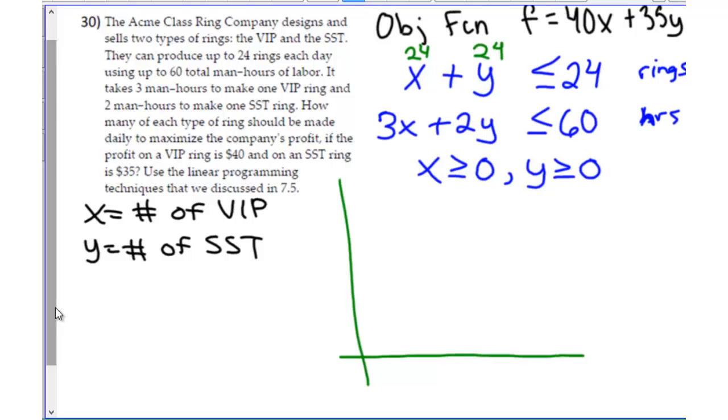But I'm going to go ahead and keep going so I know what kind of scale I need. So here, if I cover up y and I divide both sides by 3, that means my x-intercept is 20. If I cover up x and divide by 2, that means my y-intercept is 30. And because I did that, now I know that my scale really only needs to go out to 30 in either direction.